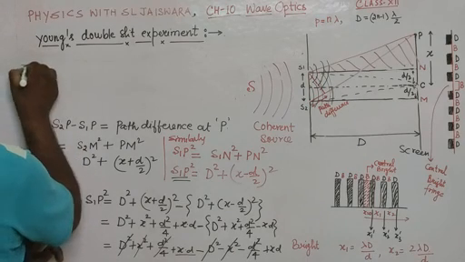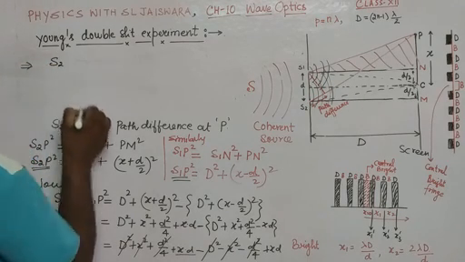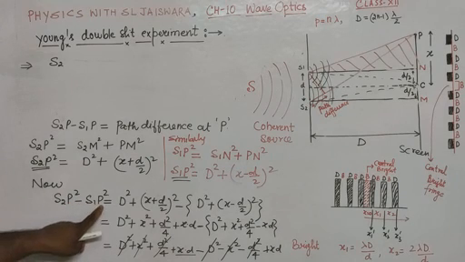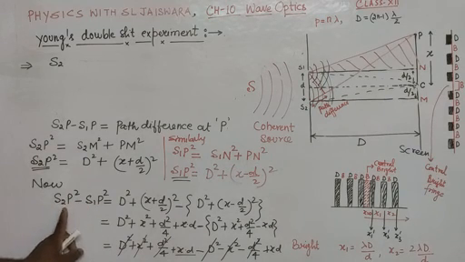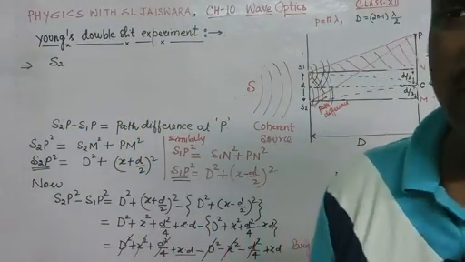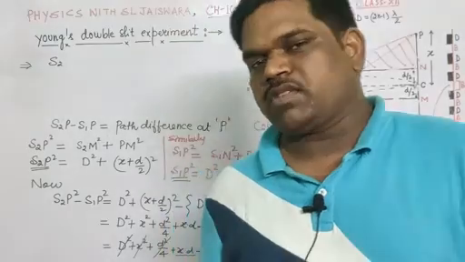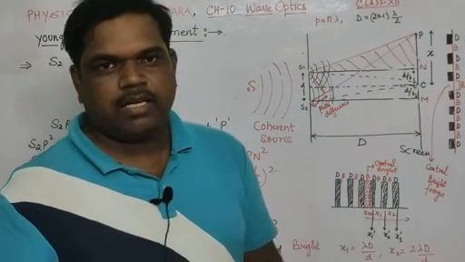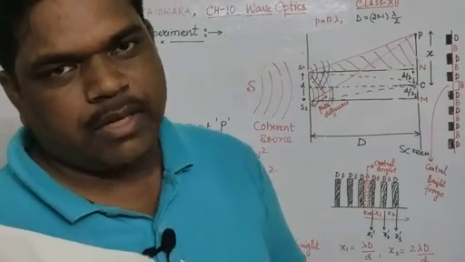Okay, so finally S2P square minus S1P square is just in the form of a square minus b square, and you know children, a square minus b square is equal to a minus b in one bracket and a plus b in the other bracket.